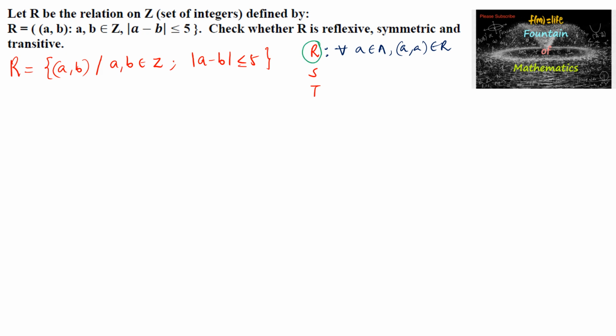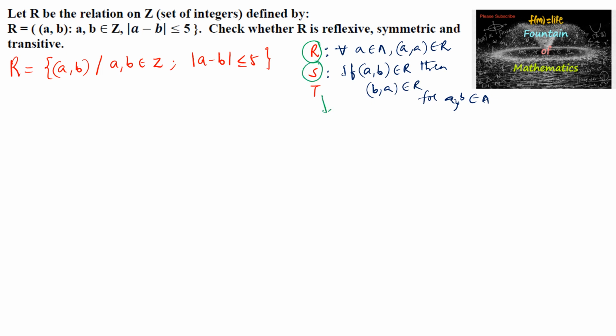And coming to symmetric, if A comma B belongs to R, then B comma A belongs to R. If A is related to B, then B is also related to A, then we can say that the relation is symmetric.